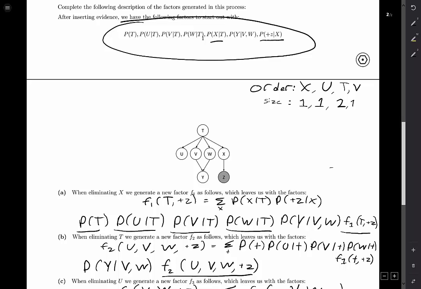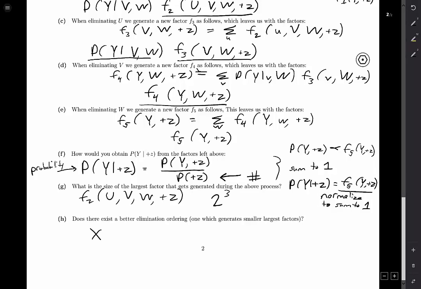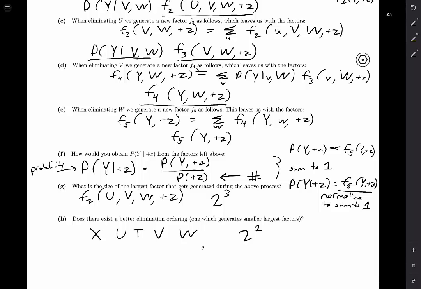So these are 1, but then y is also included, so it'll be y and w, so factor size 2. And then I can eliminate w, and that'll just give me a factor of size 1 because only y will be left. So now we found an ordering x, u, t, v, w, which generates a largest size of 2 squared, which is better. Yeah, a good task is actually to try finding some other orderings which also give a small factor.